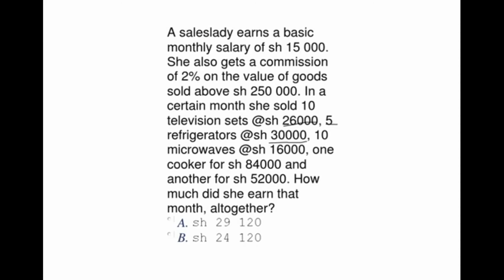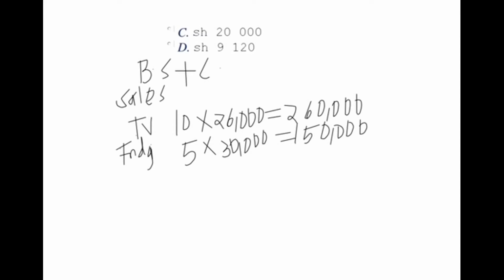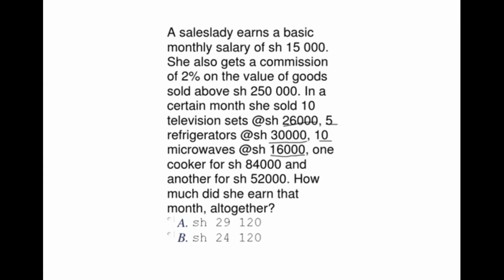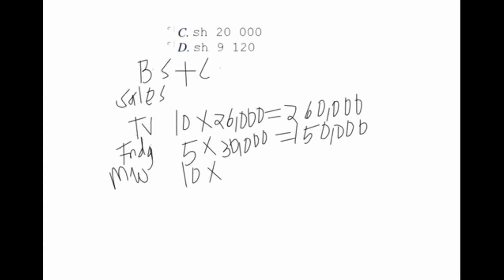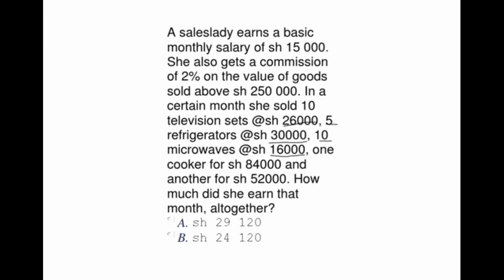Next is 10 microwaves for 16,000 each. So microwaves we have 10 for 16,000 each. So 10 times 16 we have 160,000.